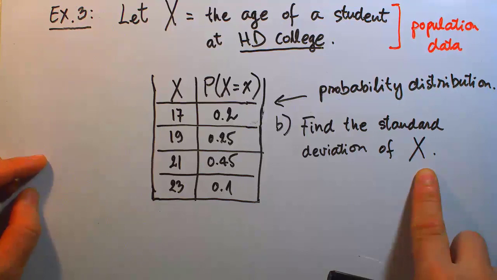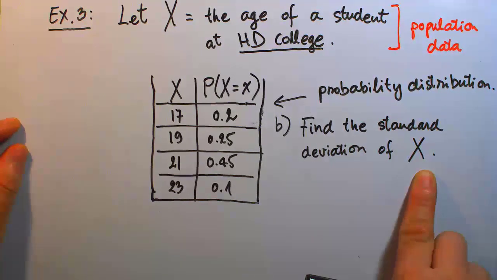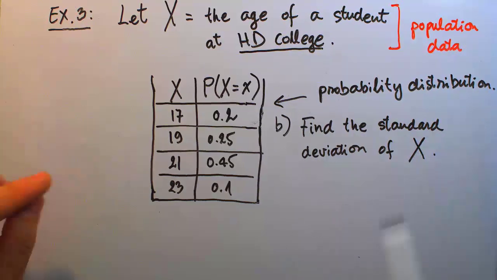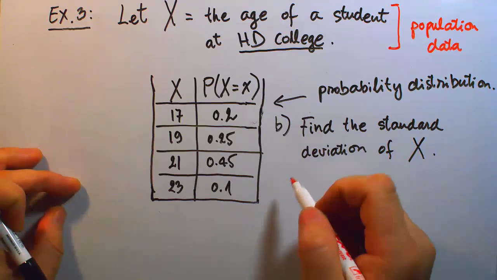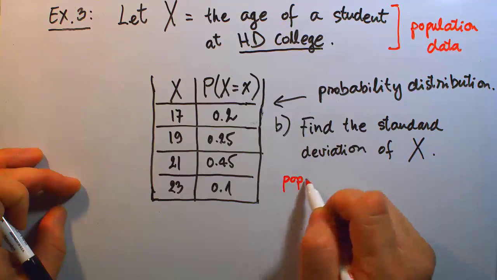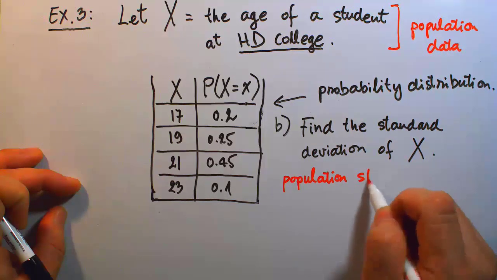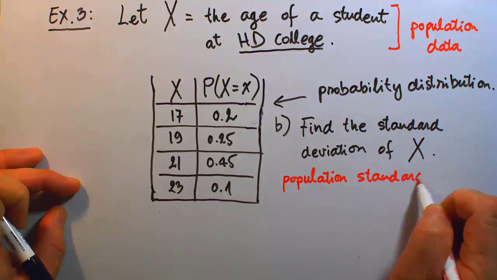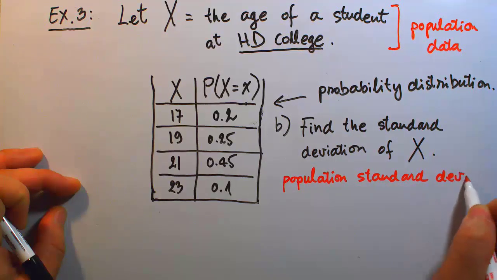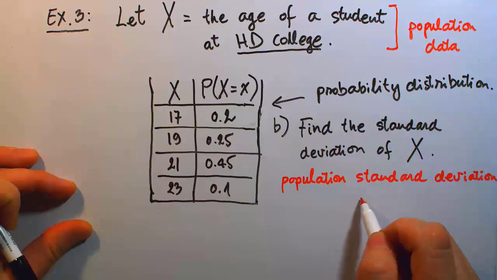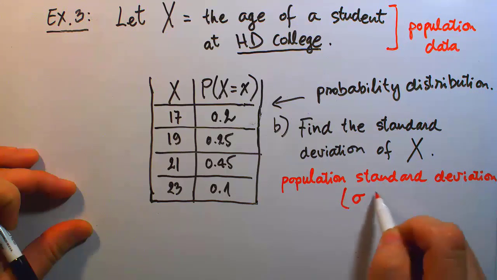So this is one gigantic data set, which is simply represented by a random variable X. Once again, I need to remind that our intention here is to look for the population standard deviation. Symbolically, it's that sigma symbol that we're looking for.